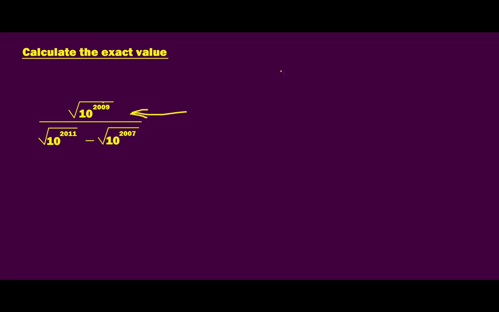And then from the numerator we're going to say 2009 minus the smallest base exponent, which is 2007. We get 2, right?